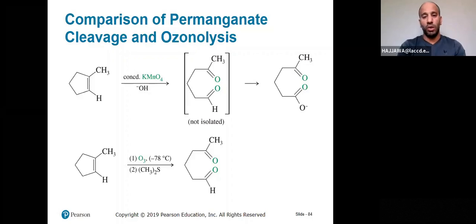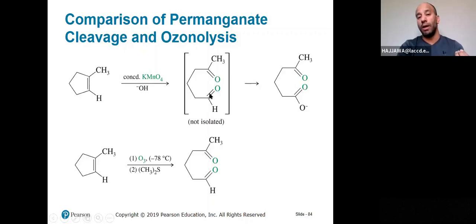You are not required to know the mechanism of ozonolysis, KMnO4, or osmium tetroxide. If I have a cyclic alkene, then I'm going to end up cleaving the double bond and having a single structure that's a dicarbonyl. The top one will become a ketone, and the bottom one will become an aldehyde.